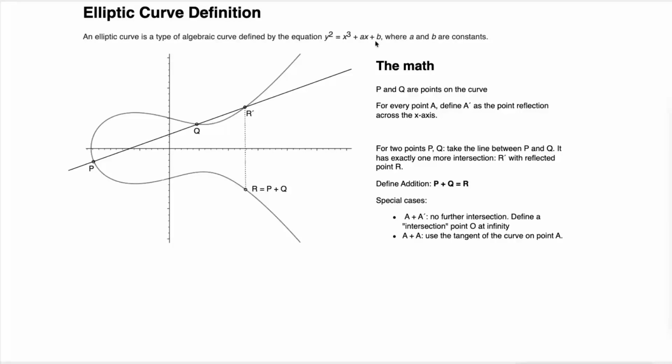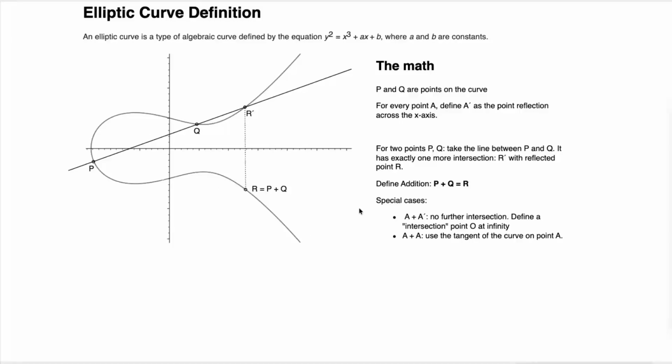The definition of what curve you use depends on the constants A and B, and any cryptographic scheme defines what A and B to use, and then that's the elliptic curve they use. Bitcoin has a specific elliptic curve with defined A and B, for example, and every other encryption scheme that uses elliptic curves has this A and B defined, and then the curve is defined.